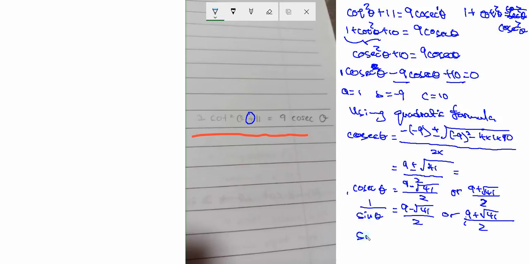Now this is actually 1 over sine theta, so let's flip it. So sine theta is equal to 2 over 9 minus square root 41, or 2 over 9 plus square root 41.